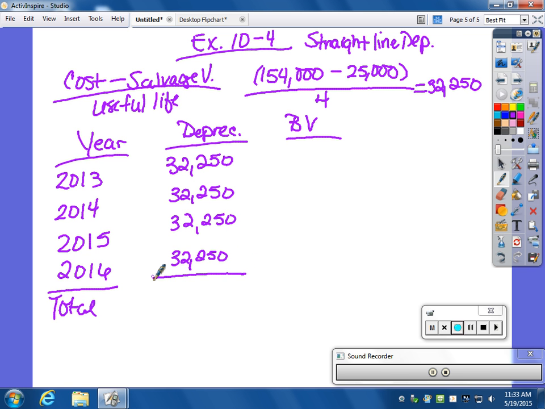What I think I may do here, just so it makes sense, is do accumulated here and do book value so you know. So we started off with what book value? 154,000. That's what we're talking about.